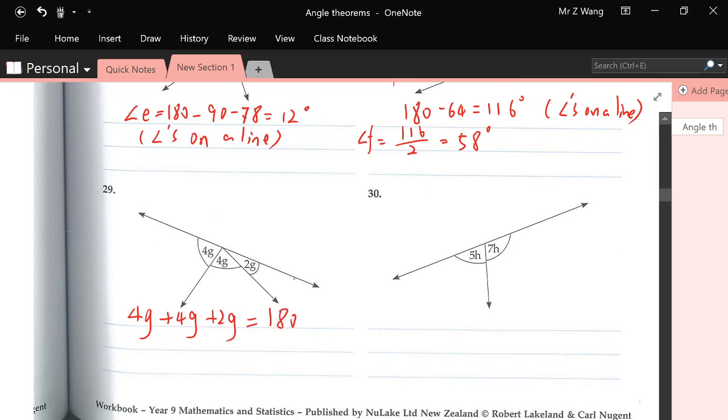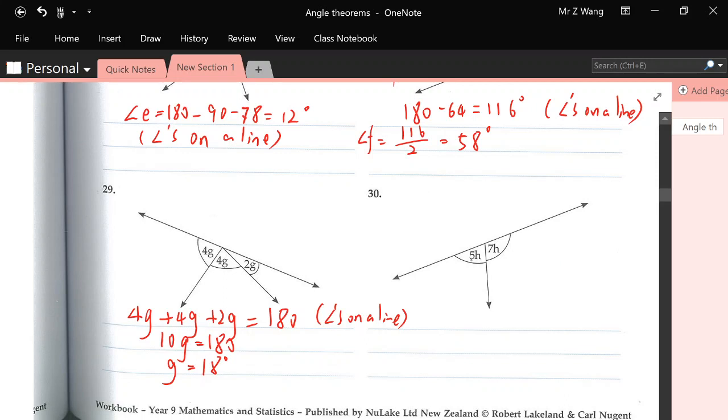If you learn in algebra how to solve equations, then this will become easy. Four grapes plus four grapes plus two grapes is how many grapes? It's 10 grapes, right? 10 grapes equals 180. So one grape is 18 degrees. Again, here we used angles on a line.